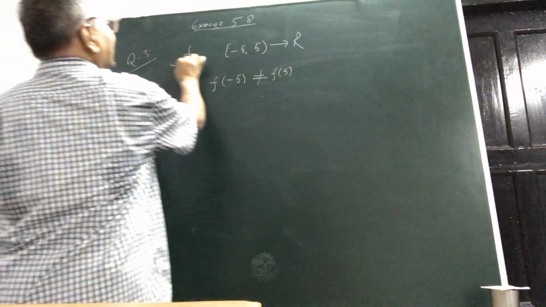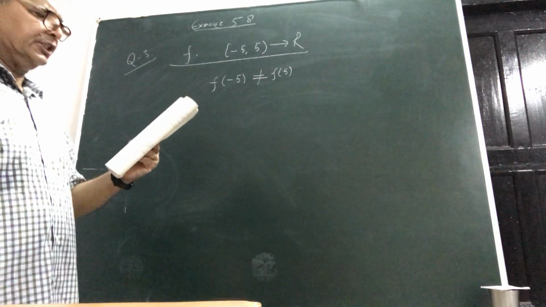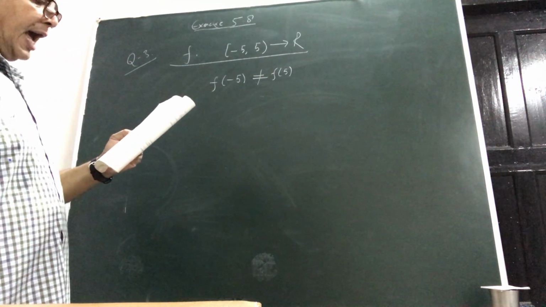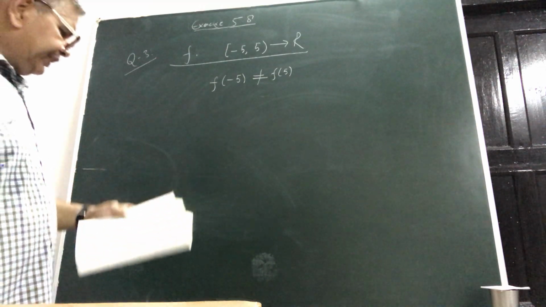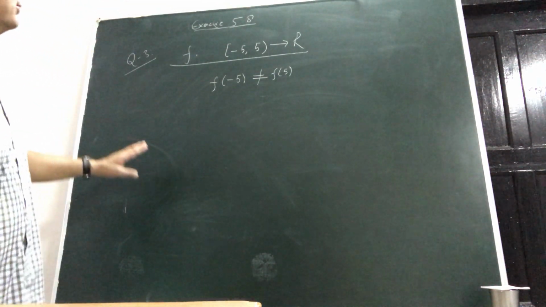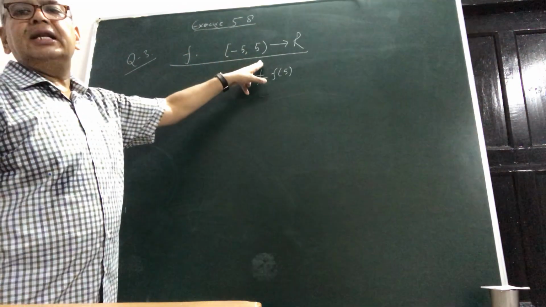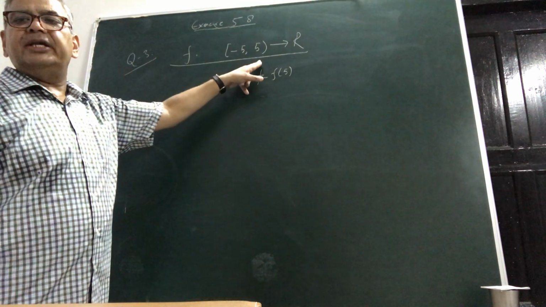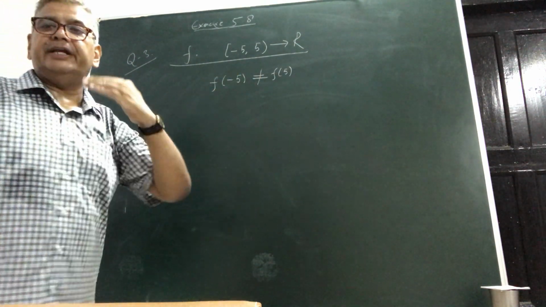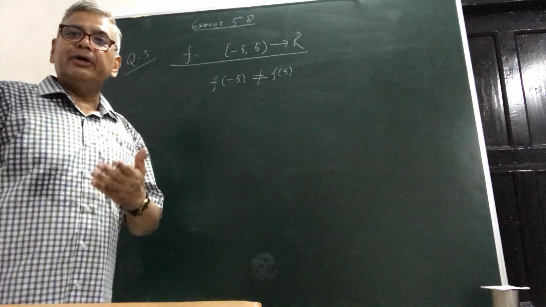What has been given? That there is a function, and this function is differentiable, and f dash does not vanish anywhere. Then you have to prove that this is not equal to this thing. This function is differentiable in the closed interval. This obviously means that the function will be continuous, because a differentiable function is always a continuous function. This article you have done.